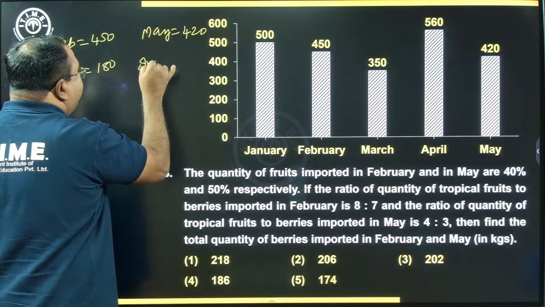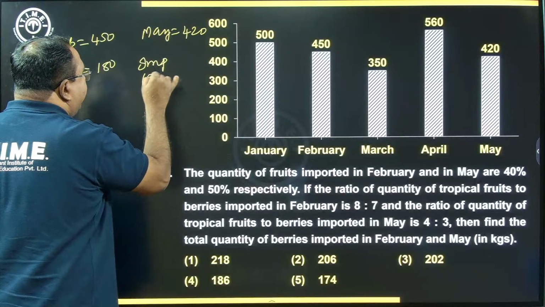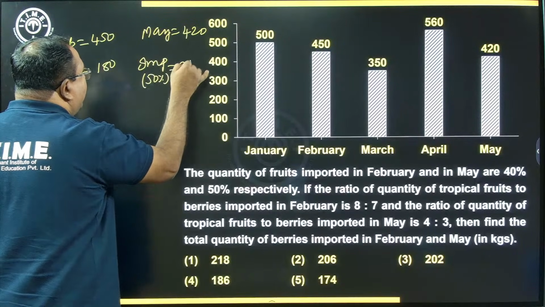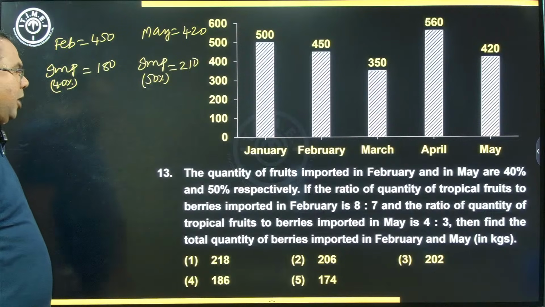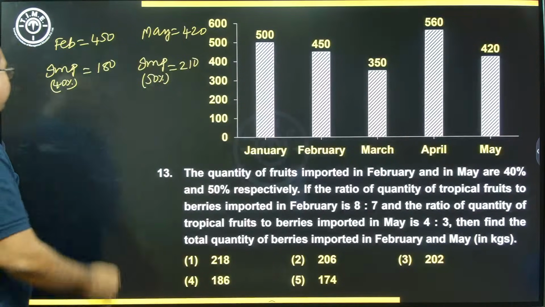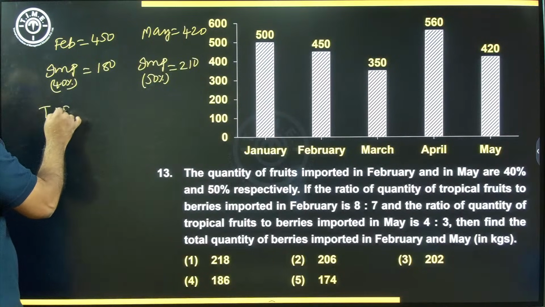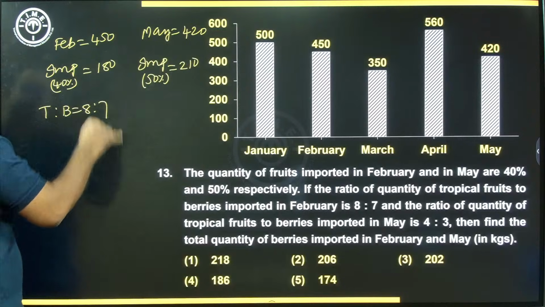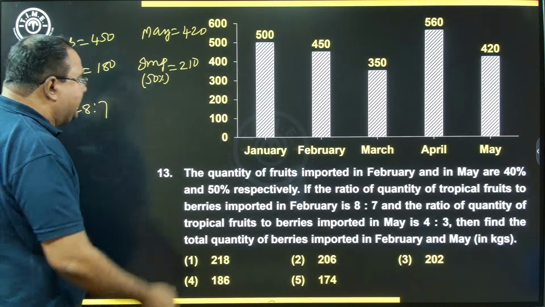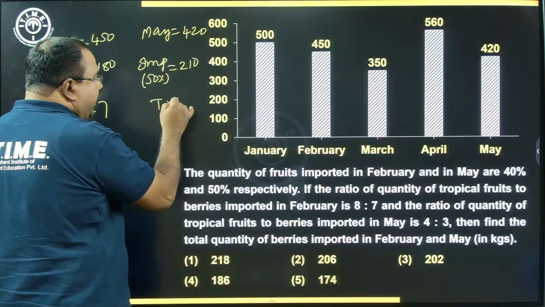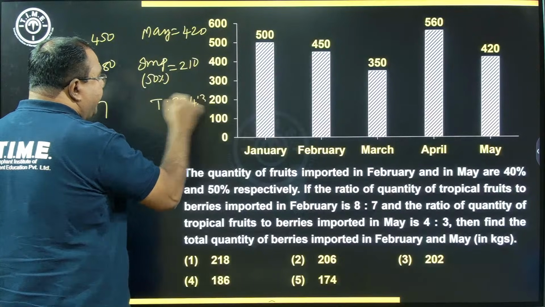Imported is 50%, half of this, 210. Okay. In February, the ratio of tropical fruits to berries is 8:7. Tropical is to berry, here it is 8:7. Then the ratio of quantity of tropical fruits to berries in May is 4:3.